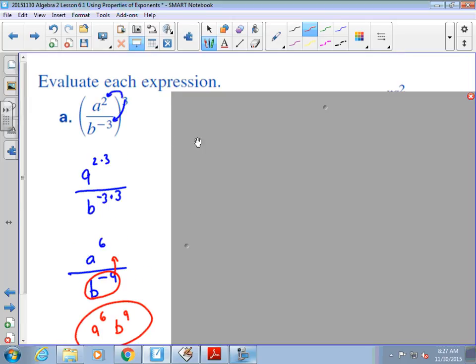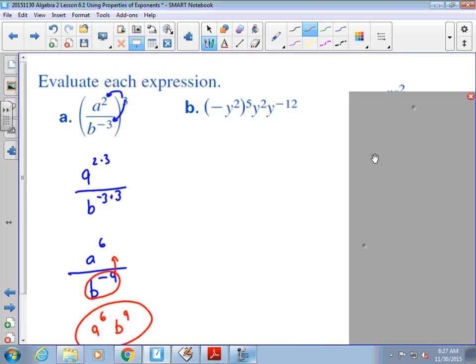Let's take a look at another one. Again, these problems look long, but they're very easy. Negative y squared to the 5th, y squared, y to the negative 12th.